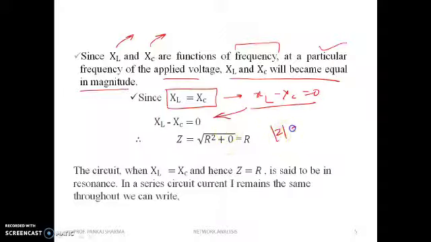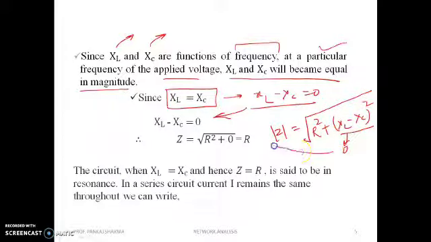Z is equal to under root R square plus XL minus XC whole square. This has become 0, so absolute Z will be equal to root under R square plus 0 square, that is ultimately 0. So Z is equal to under root R square, that is R. So impedance Z becomes R.